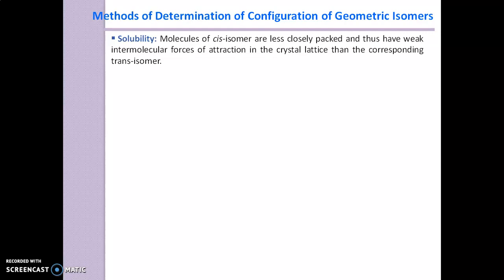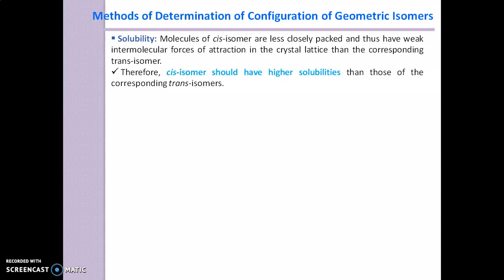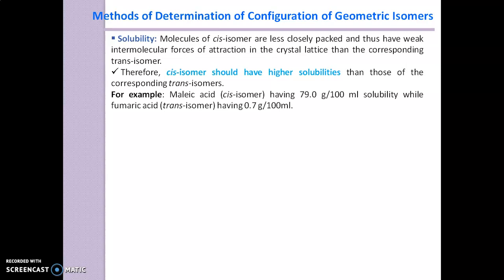Molecules of the cis isomer are less closely packed and thus have weak intermolecular forces of attraction in the crystal lattice than the corresponding trans isomer. Therefore, the cis isomer would have higher solubility than the corresponding trans isomer. Here is one example.